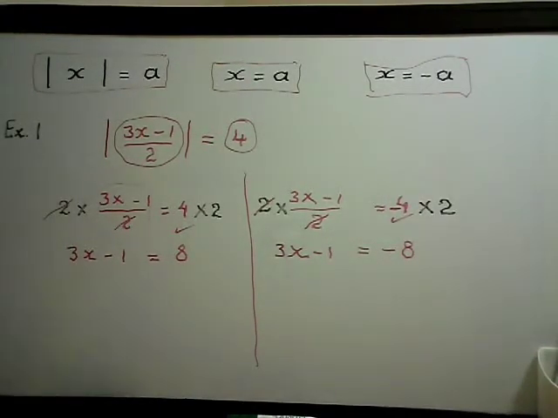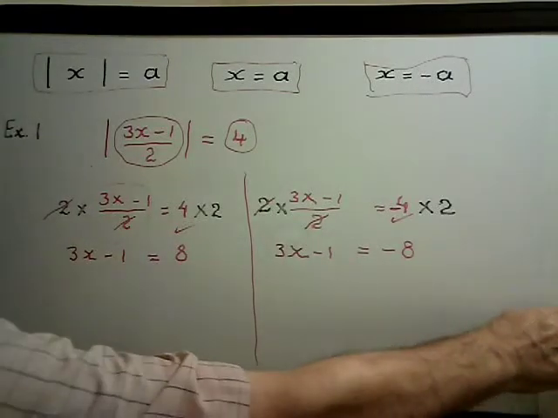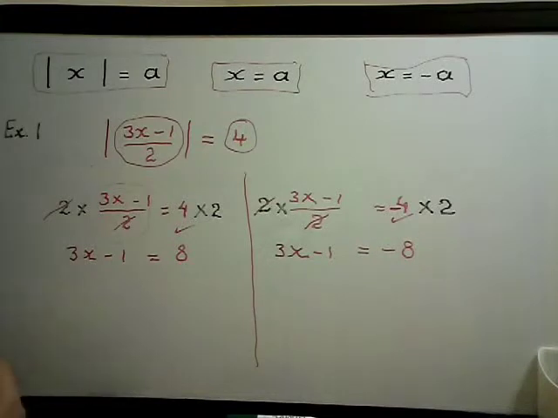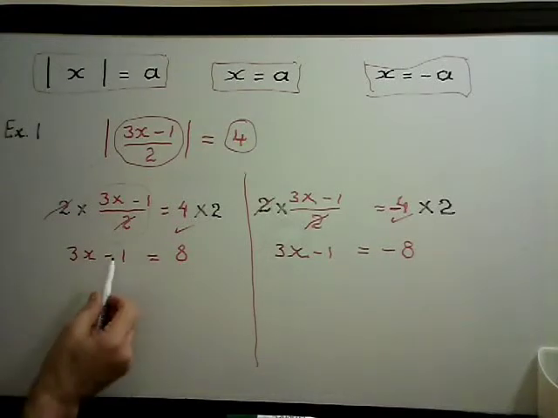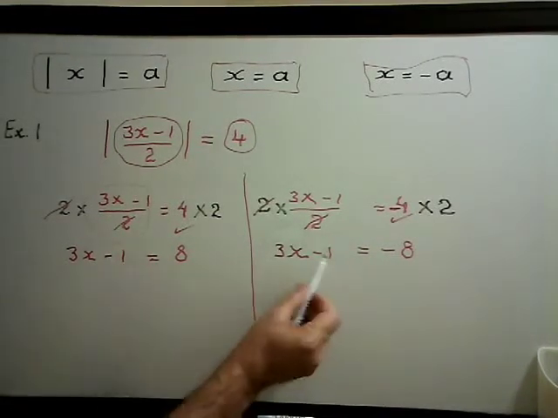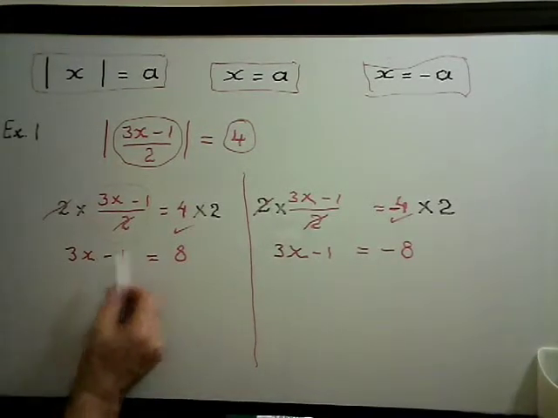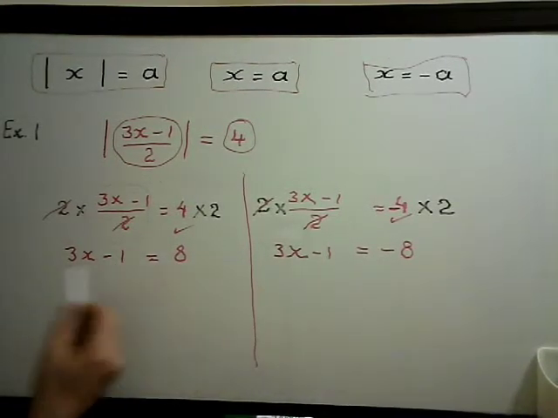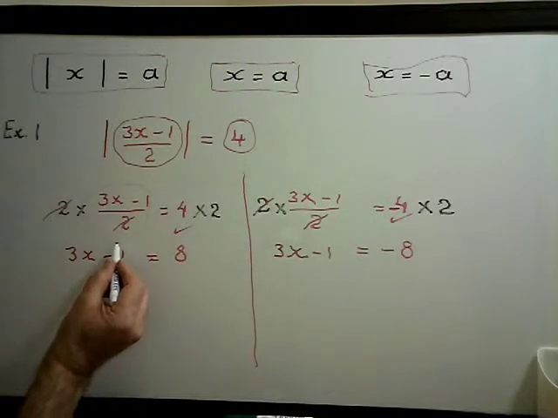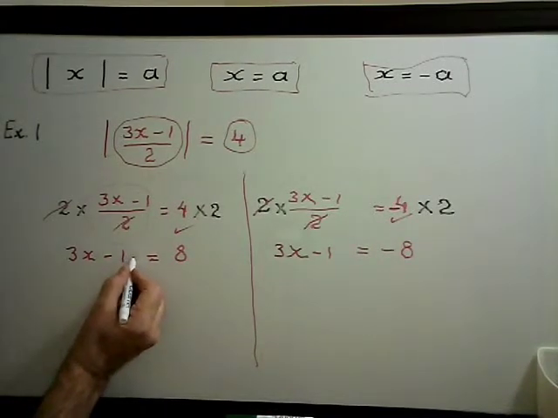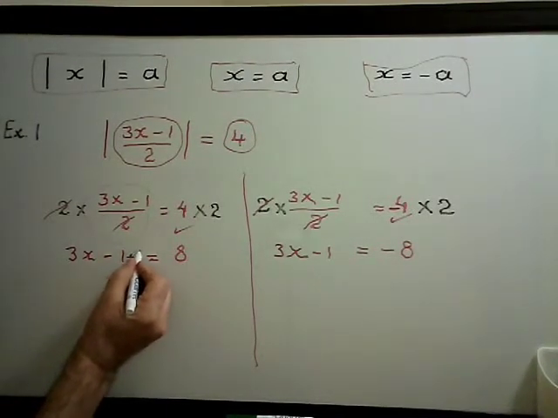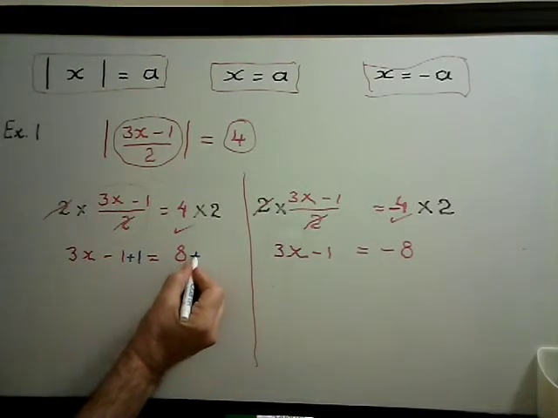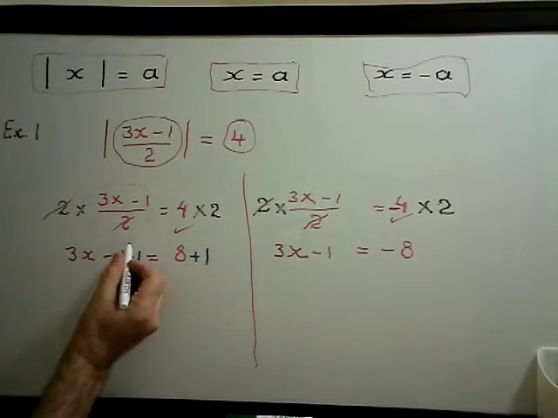What is the next step? The next step is to get rid of negative 1 in both equations. Negative 1 here, by adding positive 1 to both sides, we get rid of this.